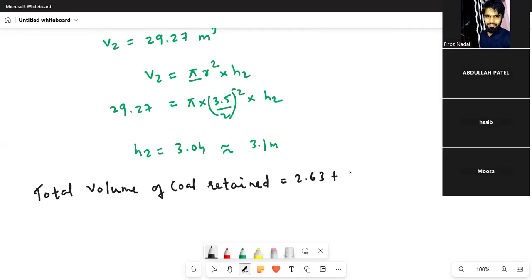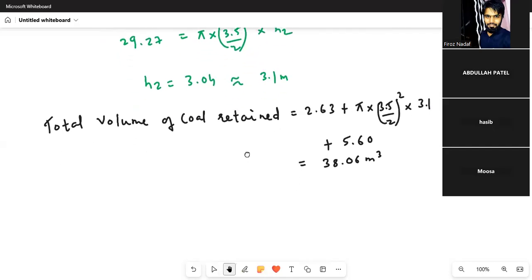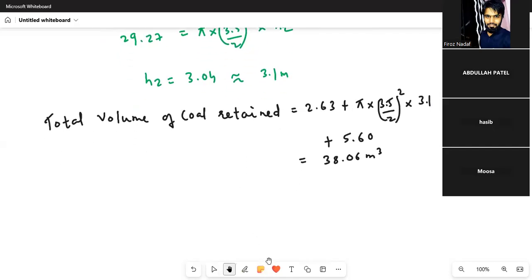V2 is changed because H2 is changed, pi into r square. R square is 3.5 by 2 whole square into H2. What is H2? H2 is 3.1. Plus V3, which is not changed, 5.60. So total volume is 38.06 meter cube. This is the total volume that has to be retained.